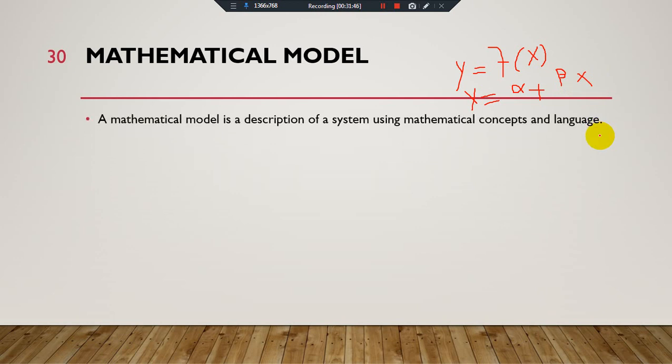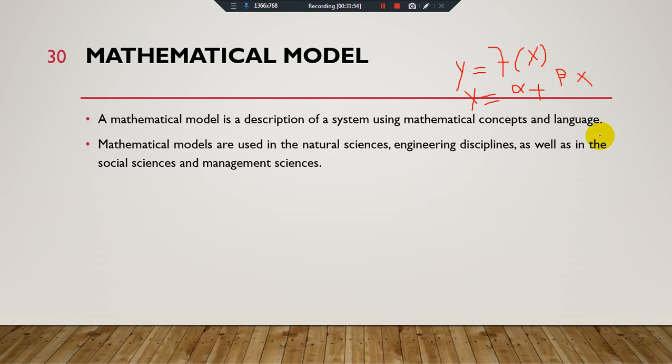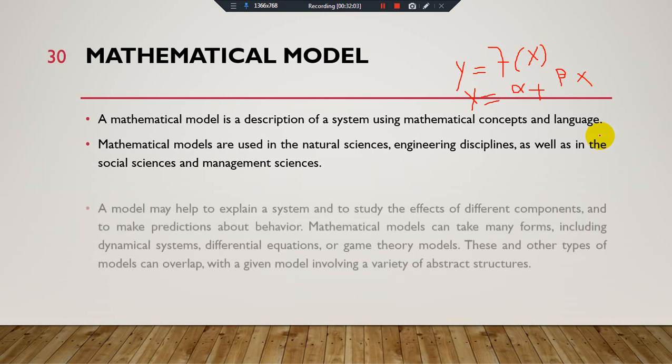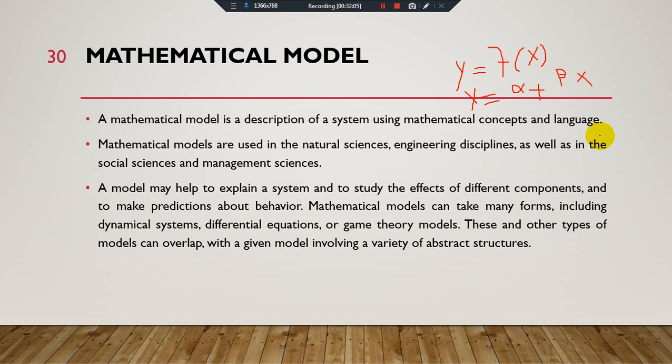Okay, a mathematical model is a description of a system using mathematical concepts and language. Mathematical models are used in natural sciences, engineering disciplines, as well as in social sciences and management sciences at the same time. A mathematical model helps to explain a system, to study the effects of different components, and to make predictions about behavior.